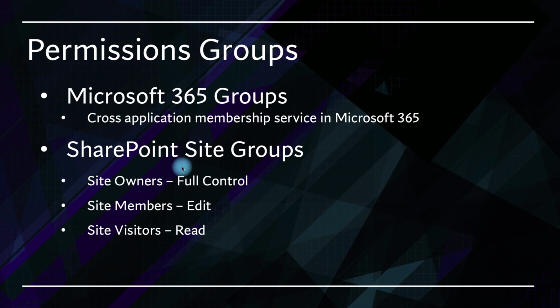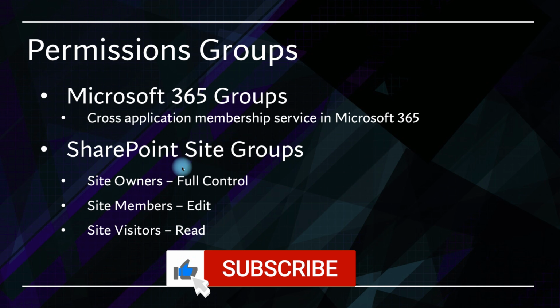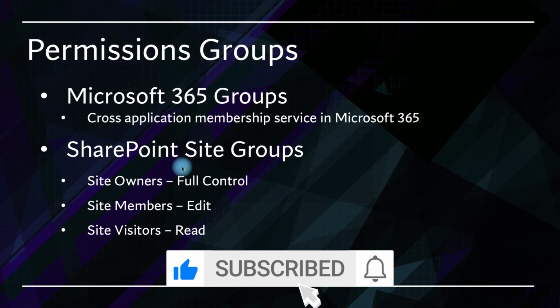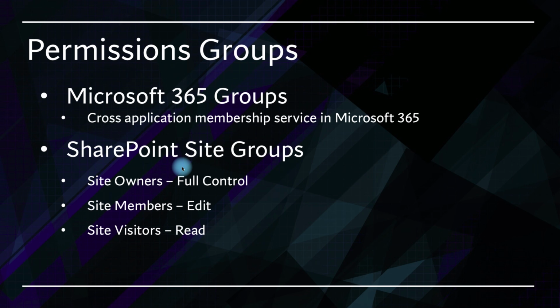The next is permission groups. Permission groups are groups which control the SharePoint permissions. We have different sets of groups which can be used within SharePoint. First of all, we have Microsoft 365 groups.